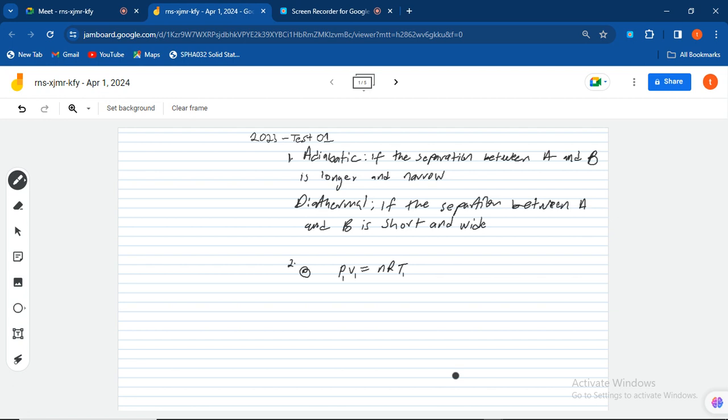So we're going to have the equation for the first state and another equation for another state. P2 V2 equal to nRT2. That's for another state, and it's for an ideal gas. So you can just write here for ideal gas.